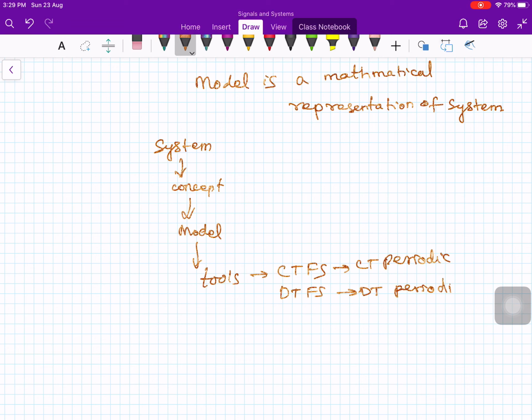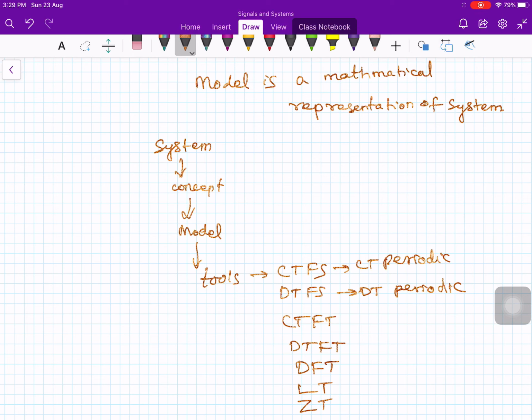Then continuous time Fourier transform, discrete time Fourier transform (DTFT), discrete Fourier transform, Laplace transform, Z transform. There are many tools available to analyze these systems, because after all the model is a mathematical equation, right?